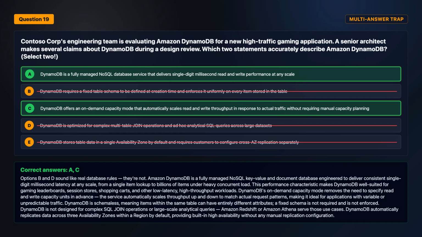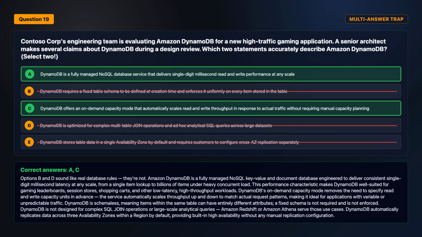DynamoDB's on-demand capacity mode removes the need to specify read and write capacity units in advance. The service automatically scales throughput up and down to match actual request patterns, making it ideal for applications with variable or unpredictable traffic. DynamoDB is schemaless, meaning items within the same table can have entirely different attributes. A fixed schema is not required and is not enforced.